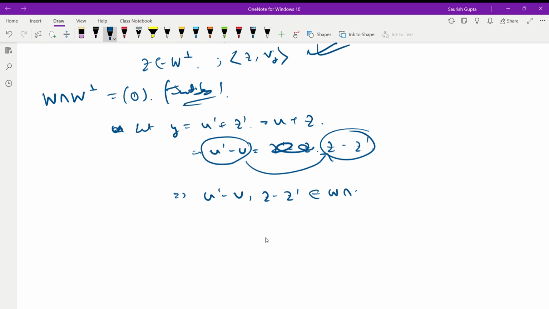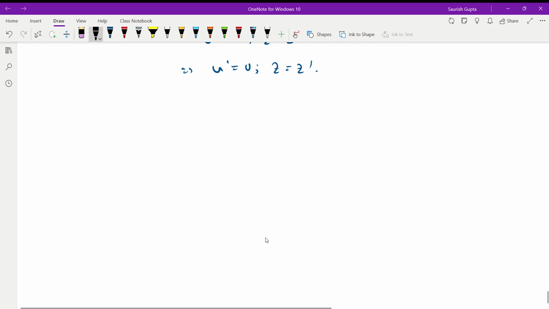So both of these vectors, u dash minus u and z minus z dash, come from the intersection of W with W perp, but it's 0. So that implies u dash is equal to u and z is equal to z dash. Clear?